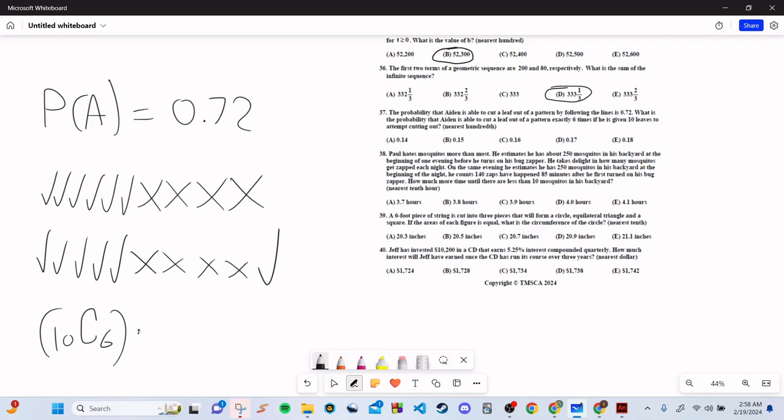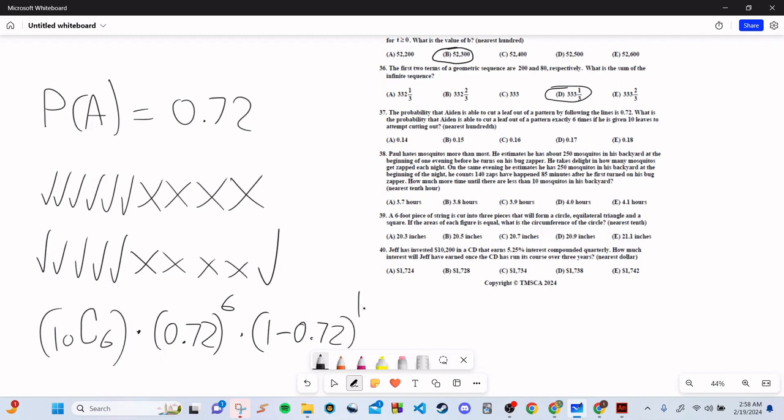We're going to multiply this by the probability of him successfully doing that action, raised to the number of times he successfully does it. That's 0.72, and he's supposed to cut it exactly 6 times, so we raise that to the power of 6. That makes sense. But of course, he's got to fail 4 times. So if we do 1 minus 0.72, that gives us the probability of failure.